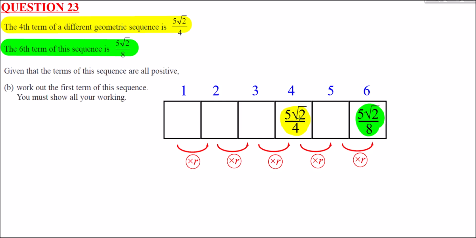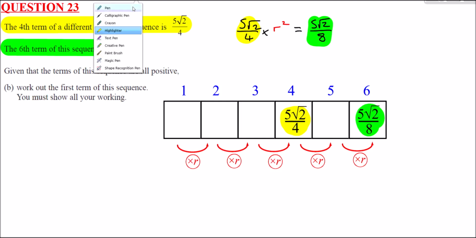So 5 root 2 over 4 times r, in other words, 5 root 2 over 4 multiplied by r squared, gives 5 root 2 over 8. So this is how we set up an initial equation to work out what r is.